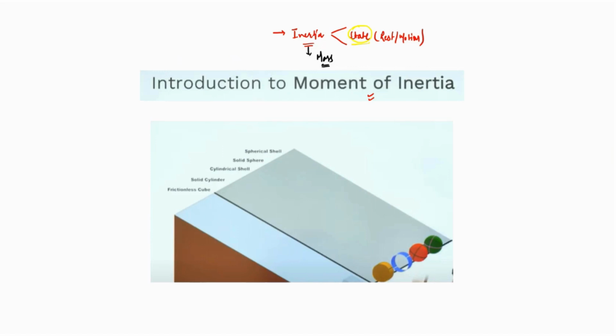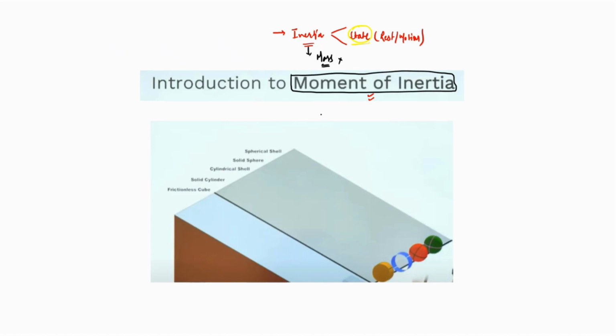If I say I have more inertia, that can also be understood as more mass. But in terms of rotatory inertia, there is another term, which we call moment of inertia, not the mass.